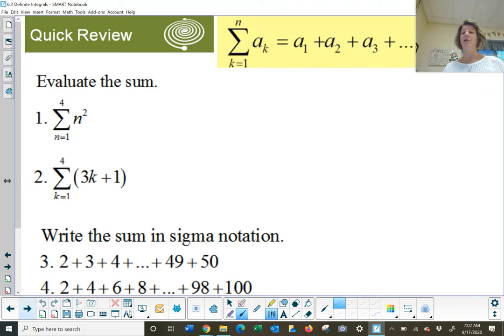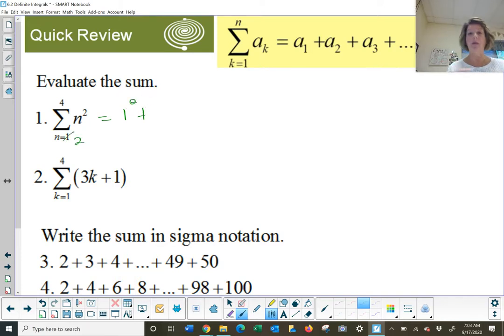We see we have the summation from 1 to 4 of n squared. Because it is such a short interval, our index starts at 1, finishes at 4, I'm just going to do it by listing each of the terms of the series out. So when 1 goes in, I start with n being 1. I'm going to have 1 squared plus.